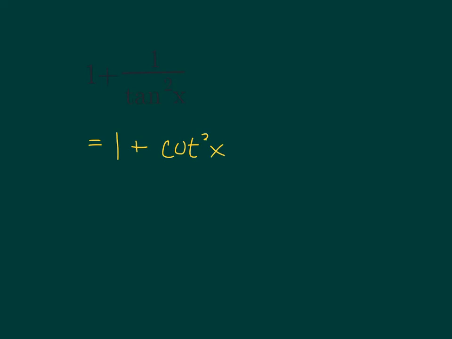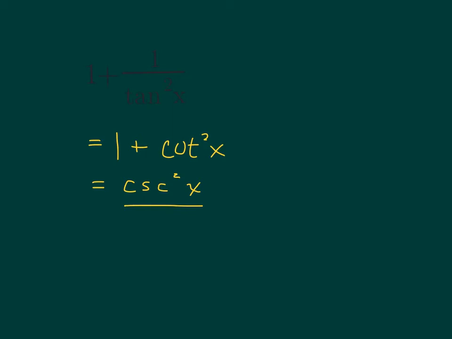And 1 plus cotangent squared, hopefully you recognize that as being one of our Pythagorean identities. So 1 plus cotangent squared gives us cosecant squared. And remember, the only way you can really get used to using these is just to practice working with our trig identities.